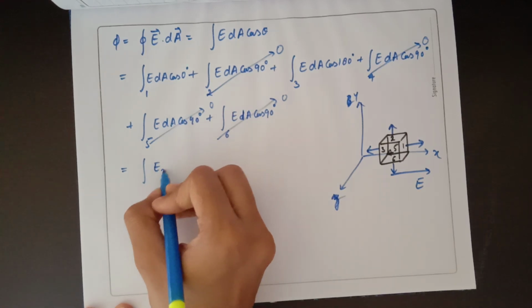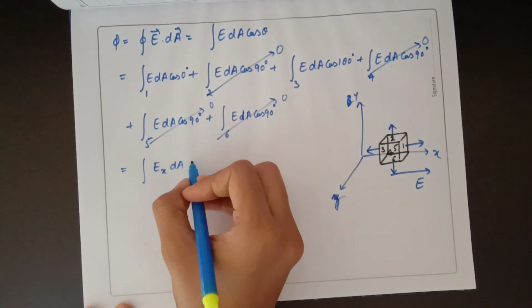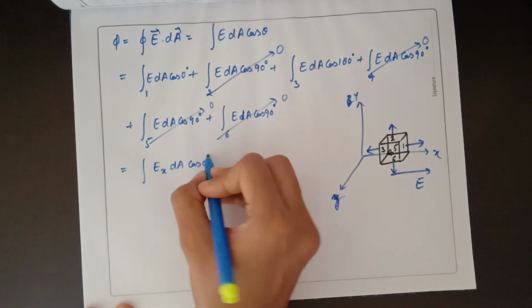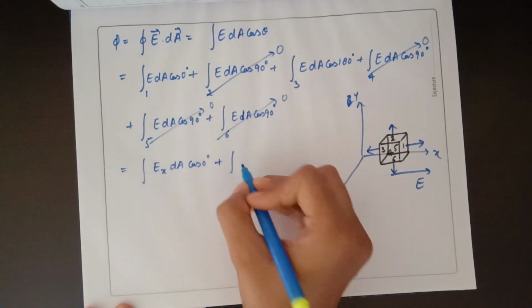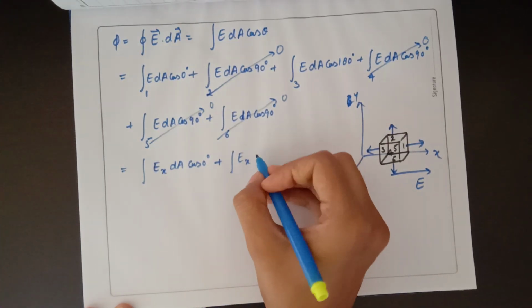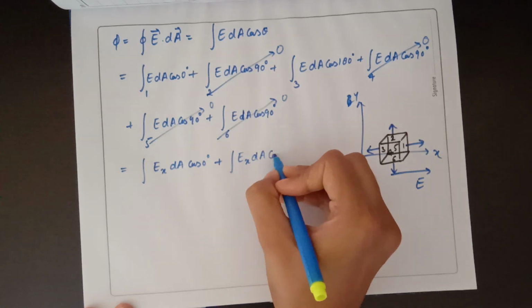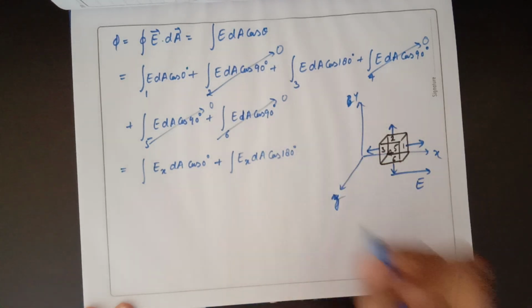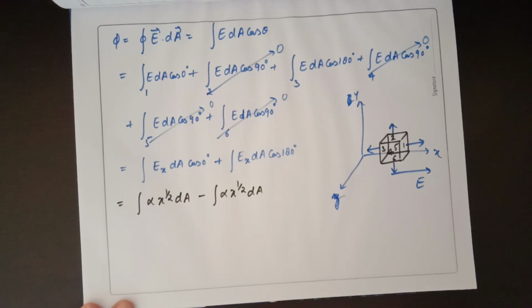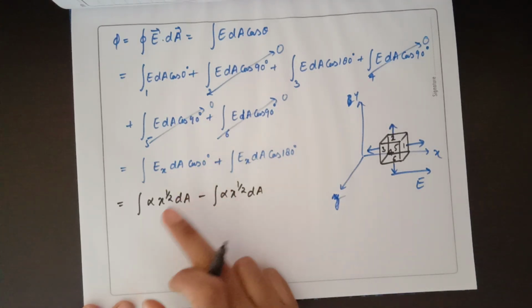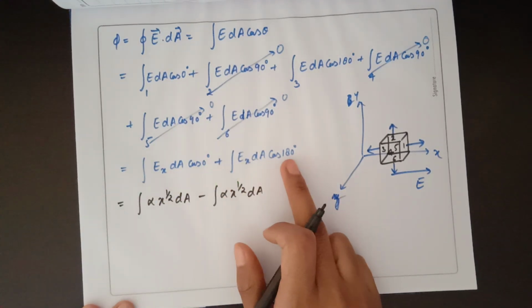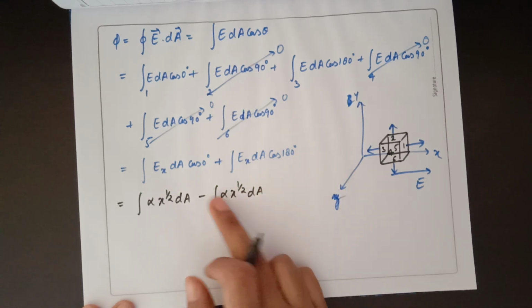One is Ex dA cos 0 and the other is Ex dA cos 180 degrees. So cos 0 will give us 1 and cos 180 will give us -1.